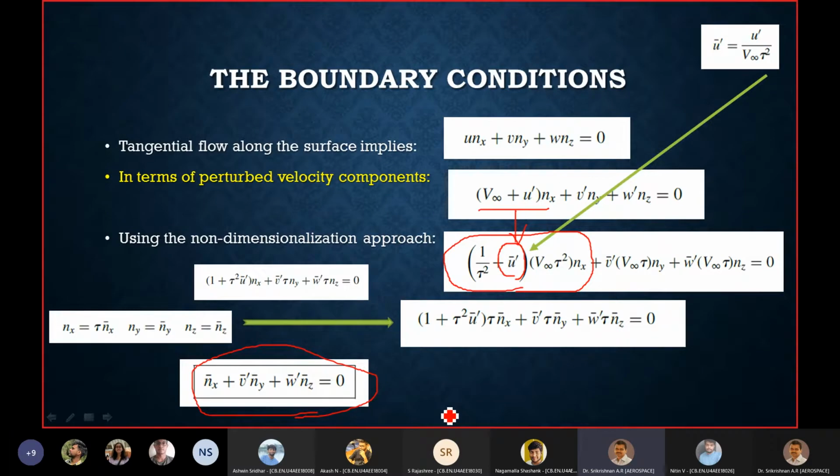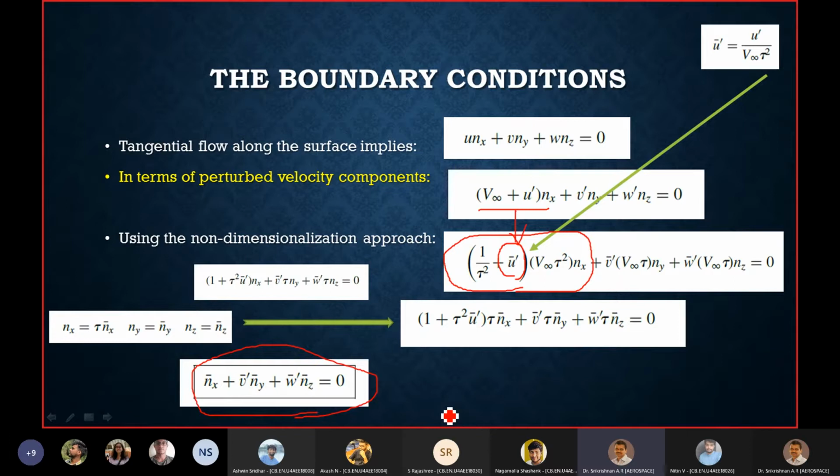Ny and nz both are with bars because they are also non-dimensional. So the normal vector components in the case of x is tau into nx, and the other ones can be almost equal to the original values, because the variation in their directionality is small.